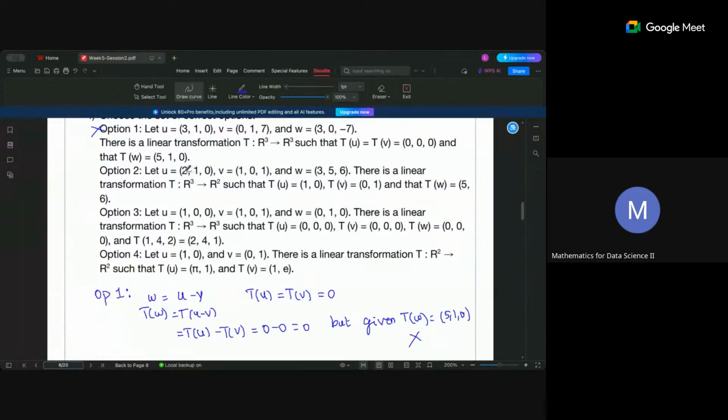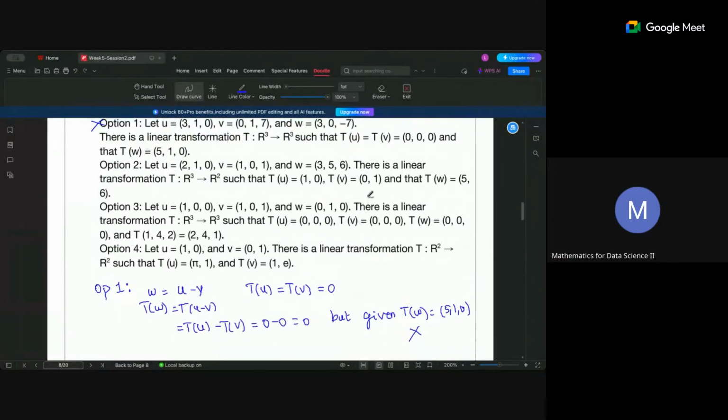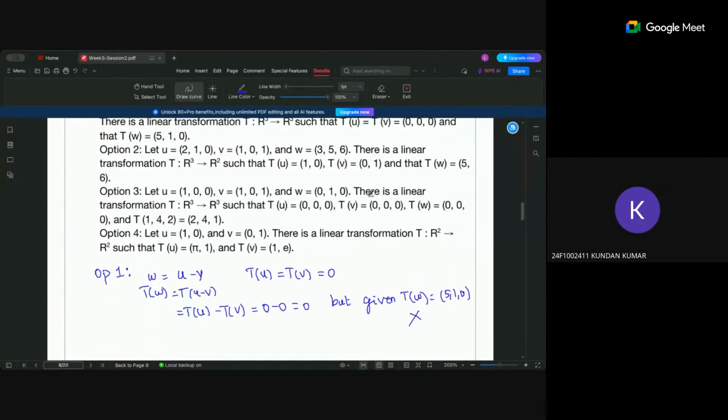Now let's look at option 2. Now you have three vectors u, v and w. Check the linear independence of these three vectors u, v, w. Are they linearly independent? How will you check linear independence? We'll make a matrix of the three of them and get the determinant of the matrix. Okay.